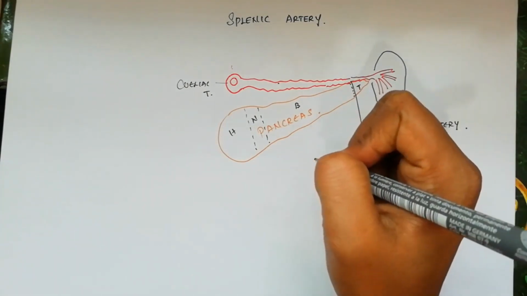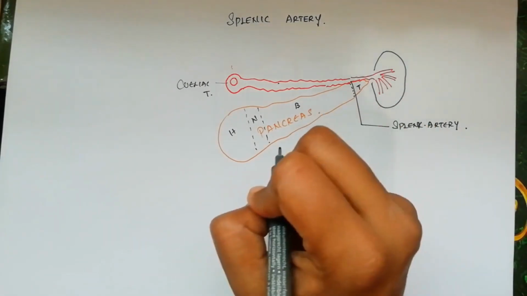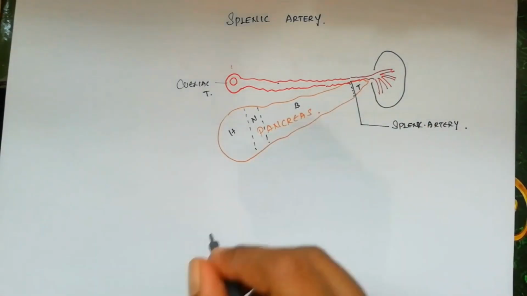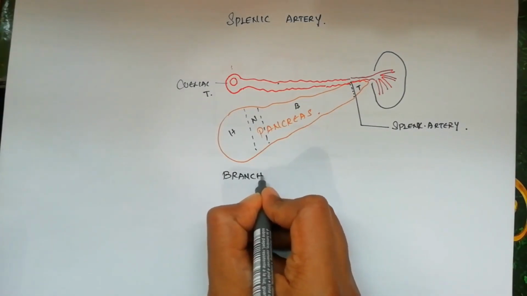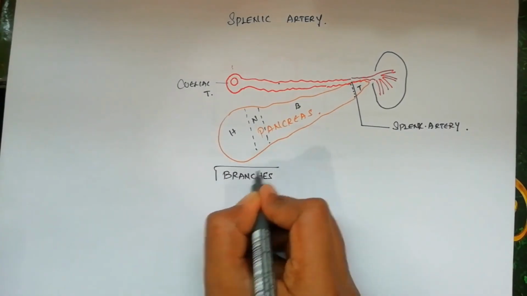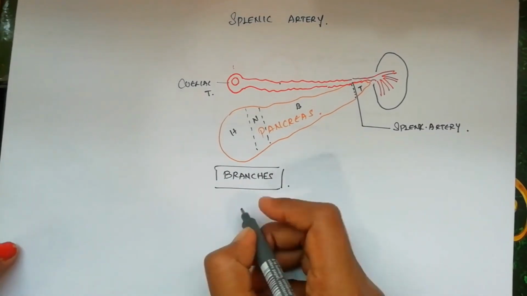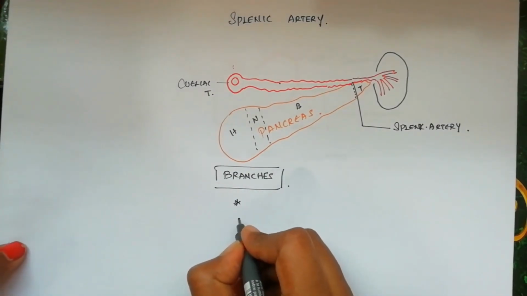Now we will see the branches of this splenic artery. We have 4 important branches coming out from this.